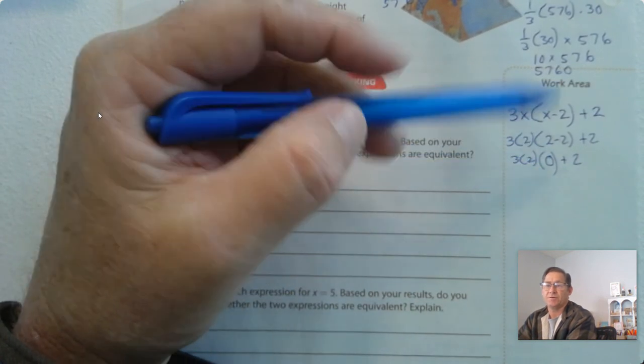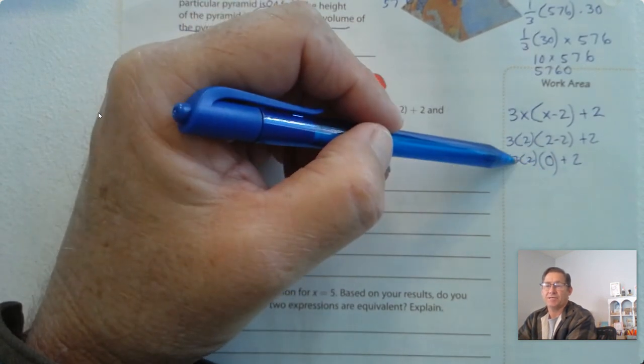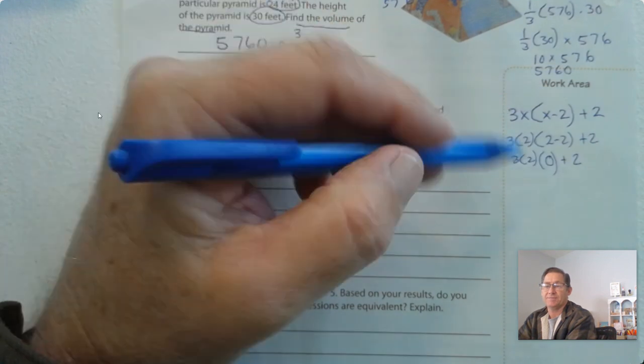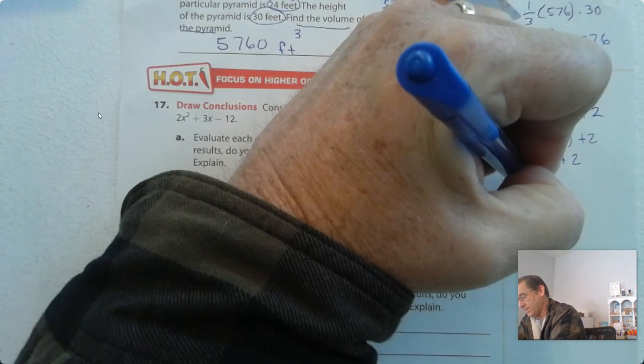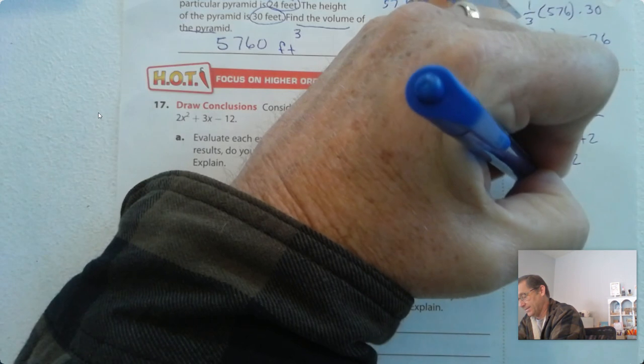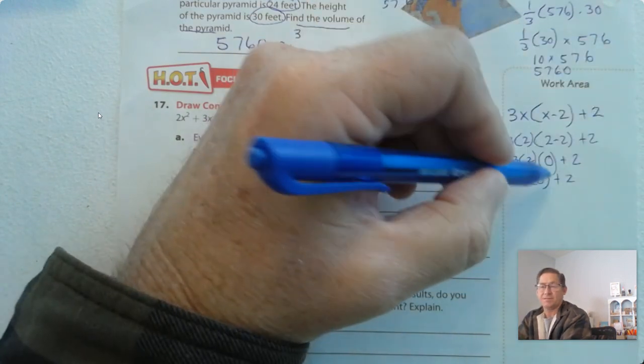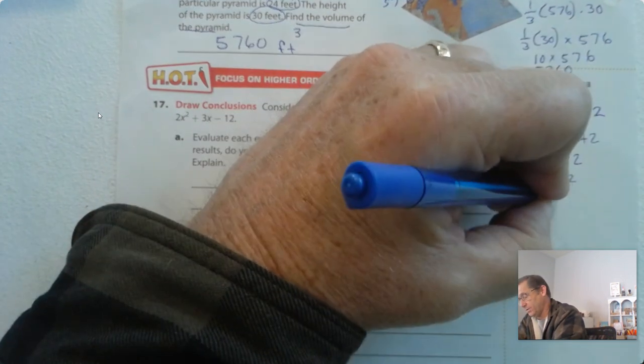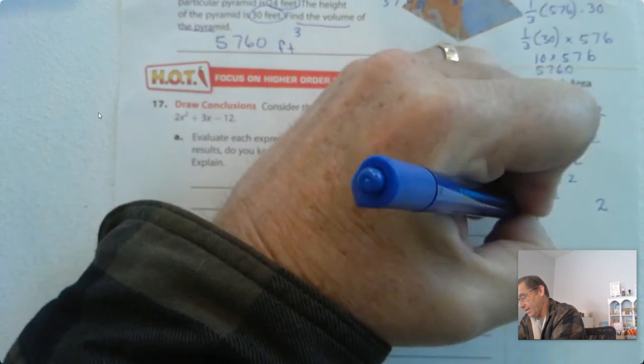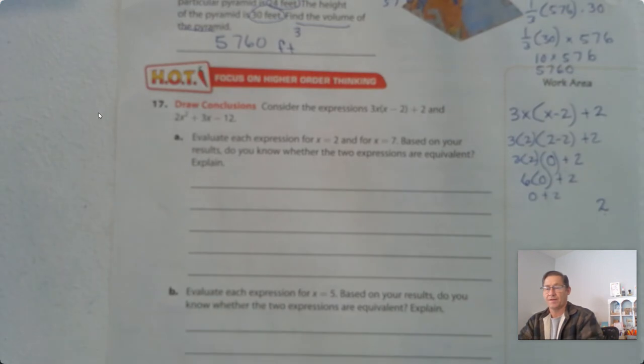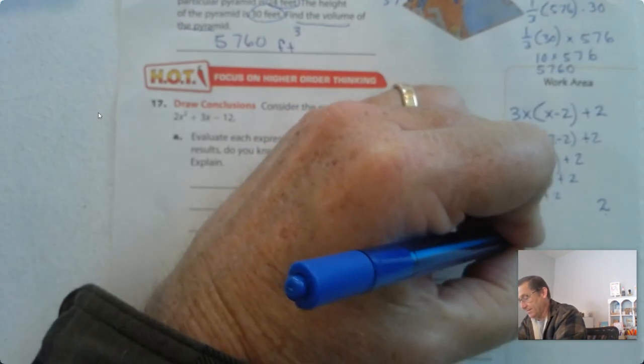So 2 minus 2 is 0. So we have multiplication, multiplication, and addition. Well, let's do the multiplication left to right. 3 times 2 is 6. So 6 times 0 plus 2 is 0 plus 2. So when x is 2, this first expression is 2.